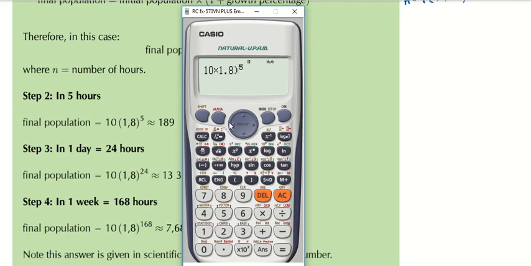It's not supposed to have an effect right here, but for safety put it in brackets, and then you will get an approximation of 188.95, and if we round off to the closest number, it will be 189.